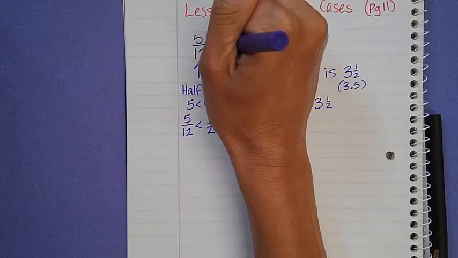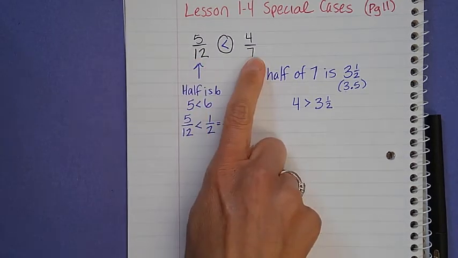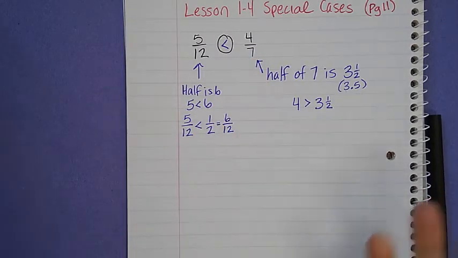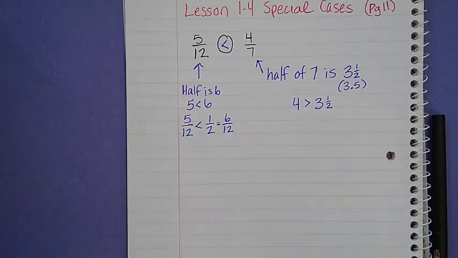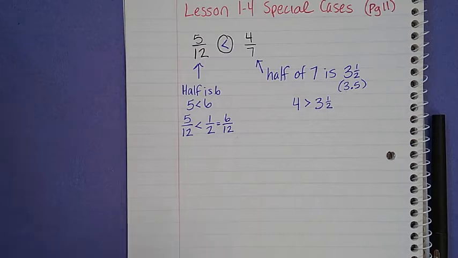Which means that 4/7 has to be larger than 5/12. Now again, I could change these and do like denominators and then compare them if this is more difficult for me. But for the people that have good math and number reasoning and you can look at these and see those, then this way might be a little easier for you.